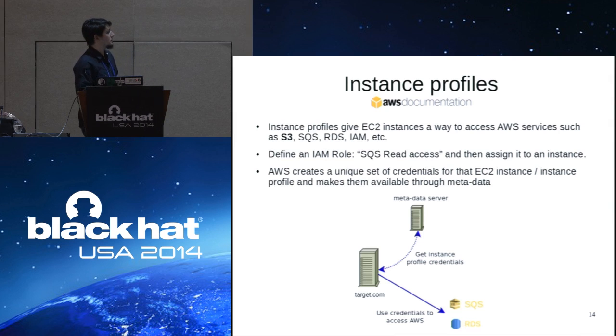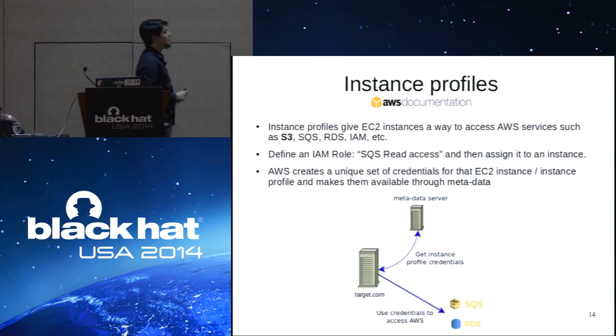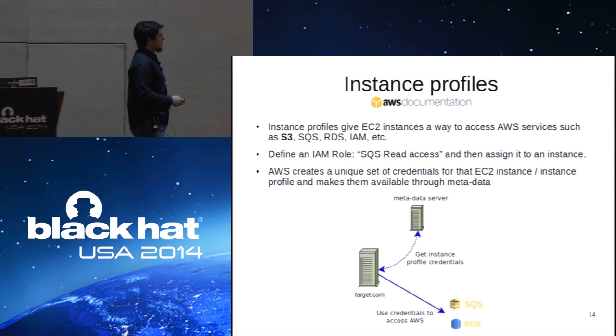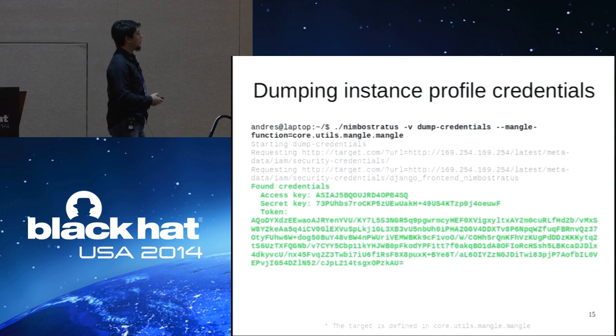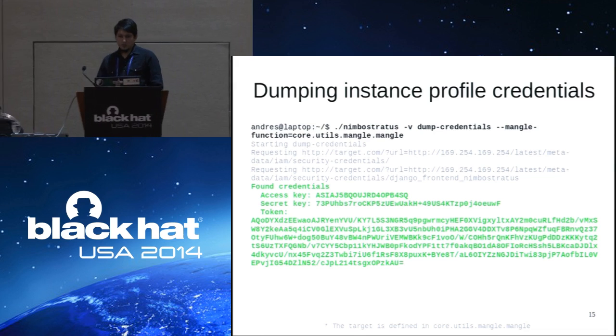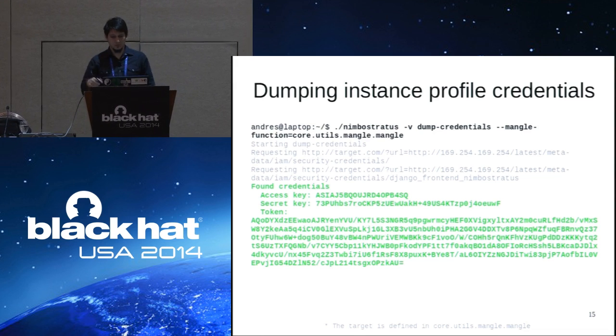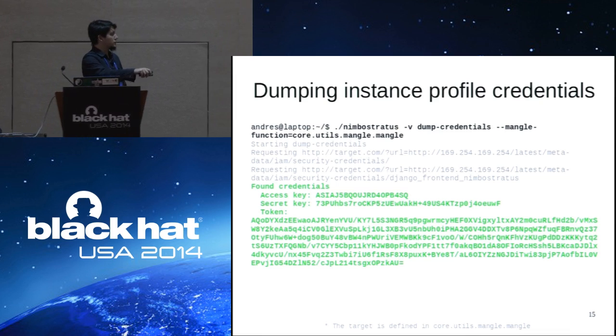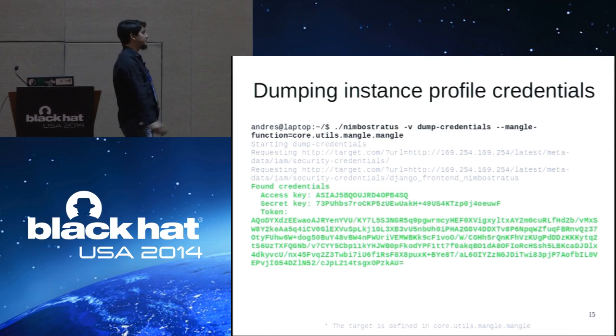but I try to be gentle with my introductions. Okay, so we have access to those credentials. I wrote a simple tool called dump credentials that you can use to get those credentials from the remote server.